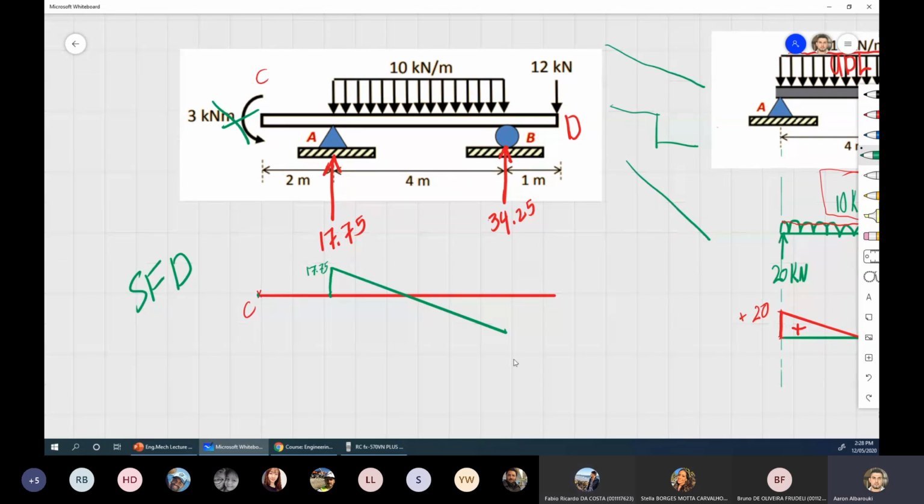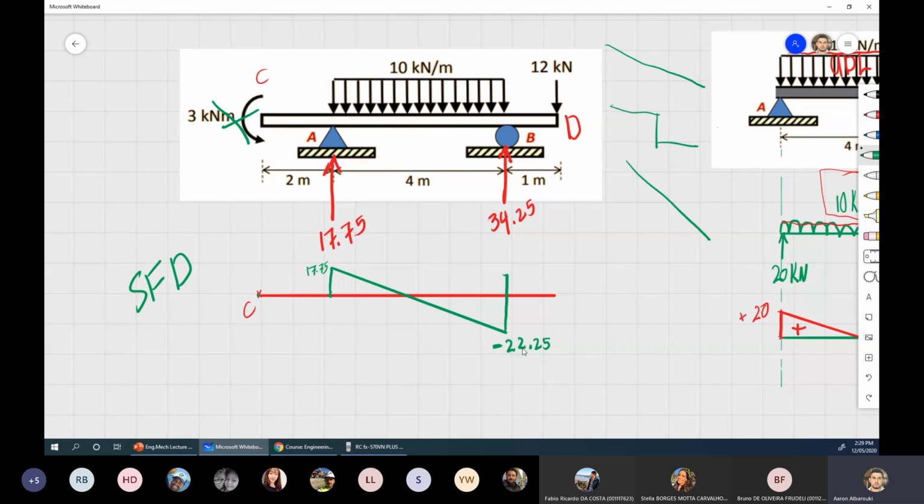Now, we are agreed that we are at negative 22.25. We have that value there. Adding 34 upward is an easy one. We're going to go upward by 34.25.